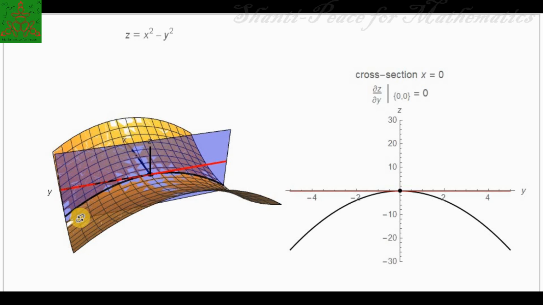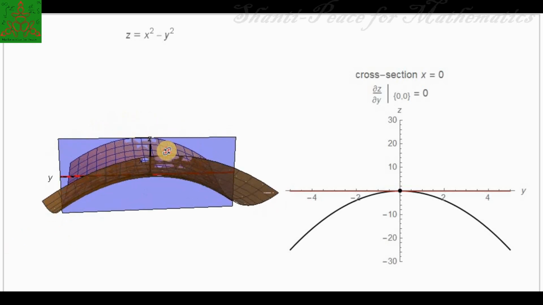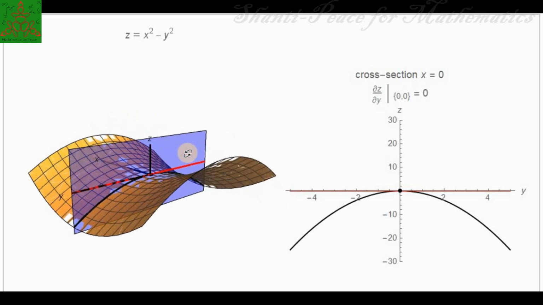Now what is the directional derivative? Why are we allowing only the x direction and the y direction? Why not allow any direction of moving to the point 0, 0? Here I have given an example. Instead of the x direction and y direction, you can allow any direction of approach to the point 0, 0.